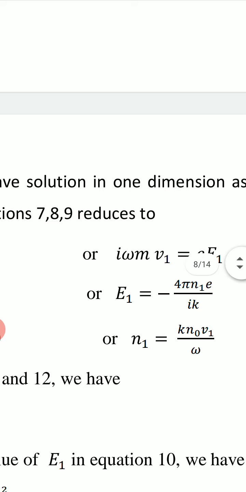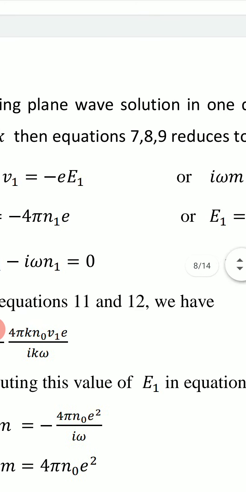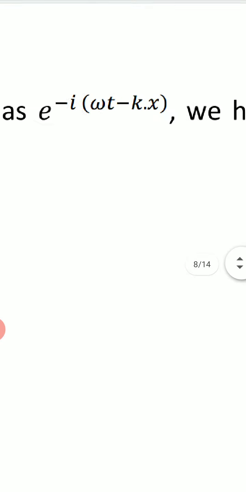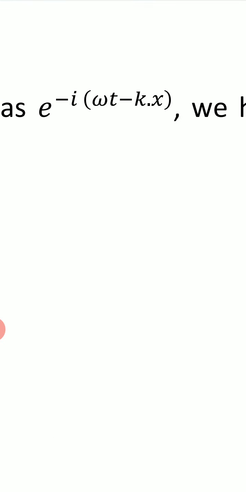Now, if we assume a plane wave solution in one dimension as e to the power minus i omega t minus kx, we can assume plane wave solutions as both e to the power plus i into omega t minus kx and e to the power minus i into omega t minus kx. Here we assume the plane wave solution like this.